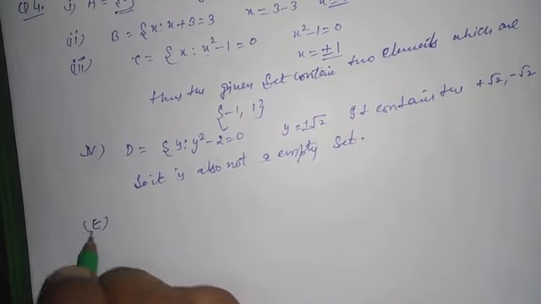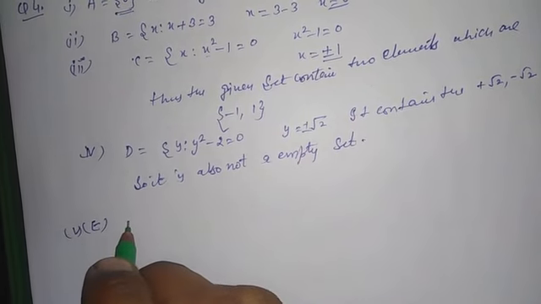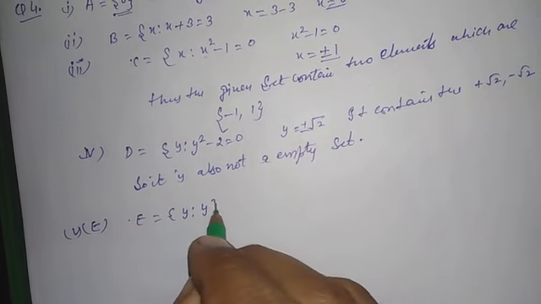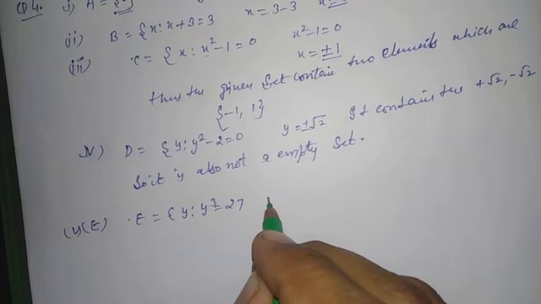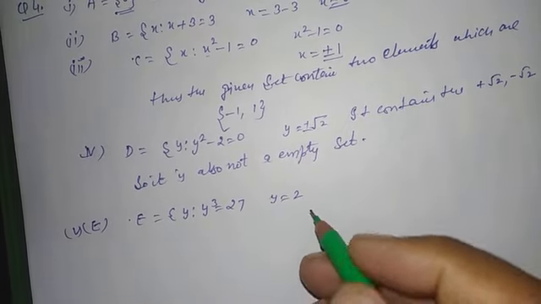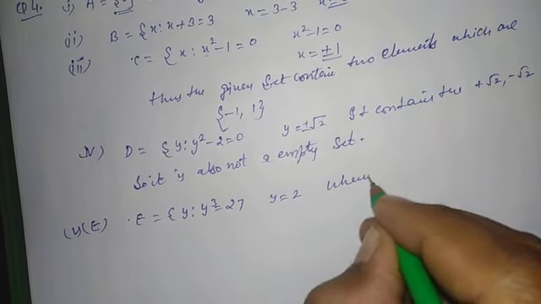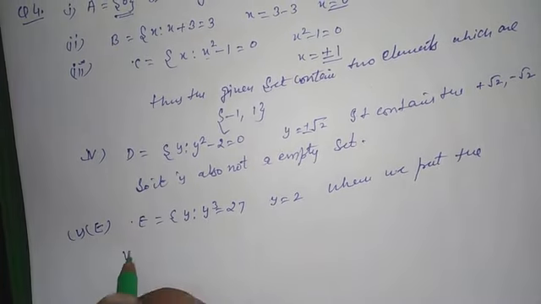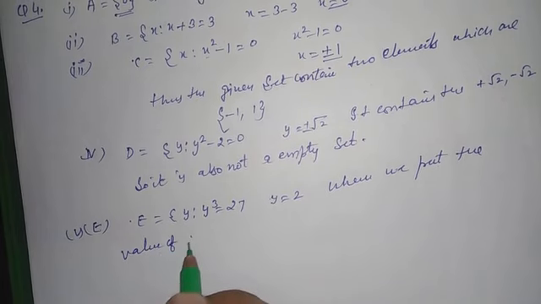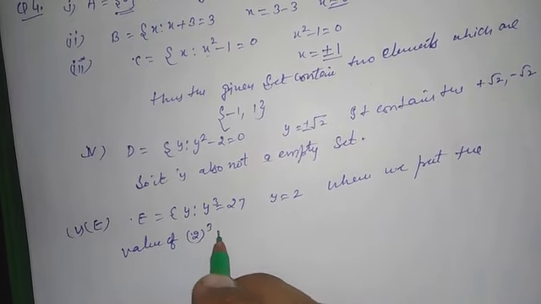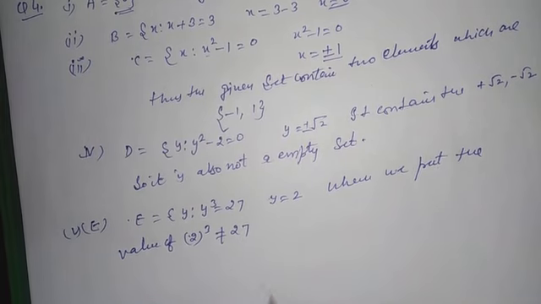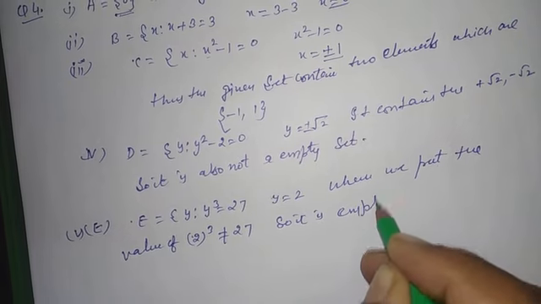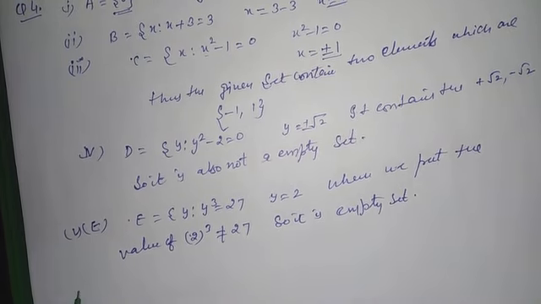E part, the fifth part. E is equal to y such that y cube is equal to 27, y is equal to 2. When we put the value 2, 2 cube is not equal to 27, so it is an empty set.